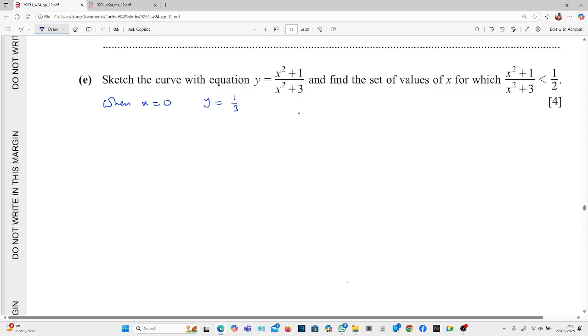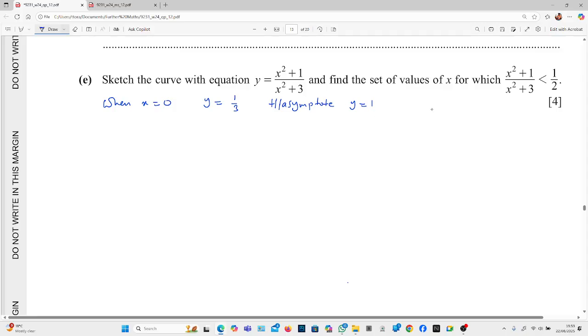So when x is equal to 0, I have a coordinate y is equal to 1/3, and the next thing that I need is the horizontal asymptote. The horizontal asymptote is still the same, because the degree of the numerator is the same as the degree of the denominator, so we've got y is equal to 1.